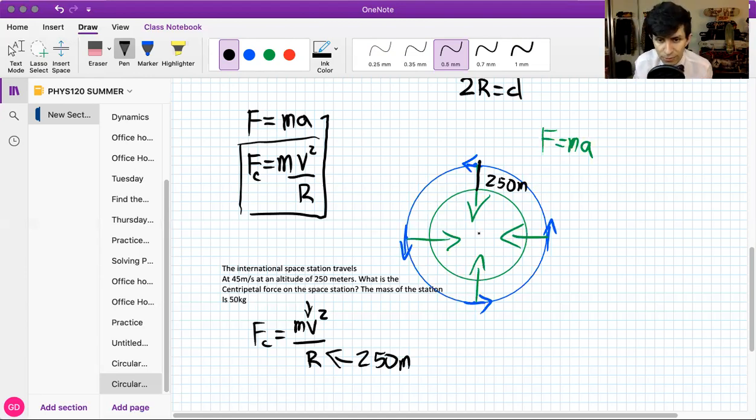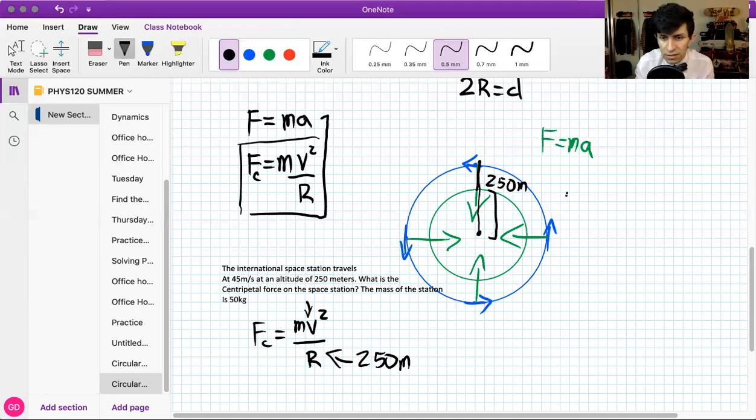The total radius would be at the center here, all the way up. So it would be 250 plus this distance. When it comes to Earth, you can just look that information up. Just go on Google and search for the radius of the Earth, and that would be your actual distance, and you would have to include that in there.